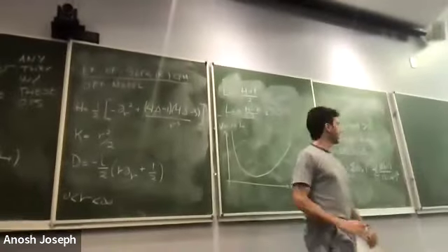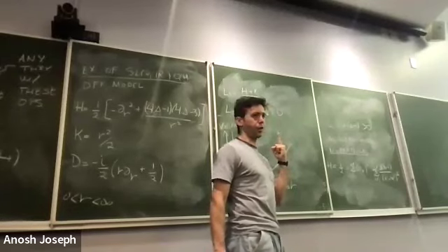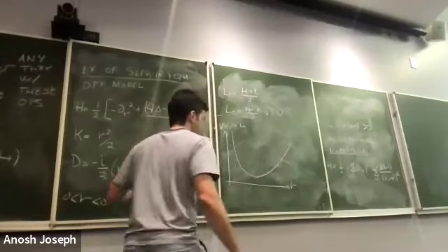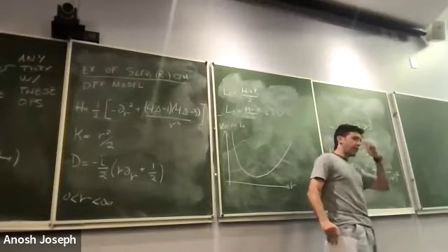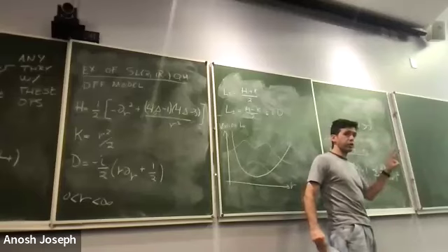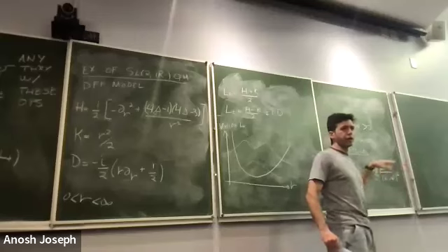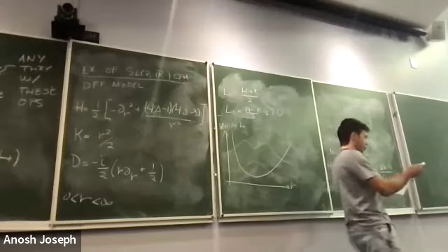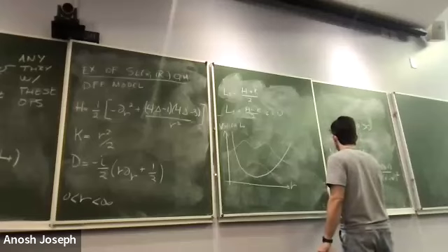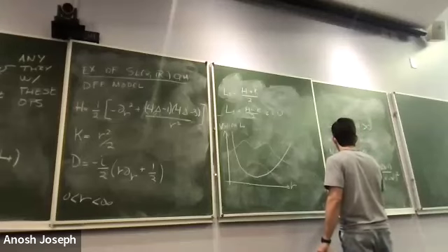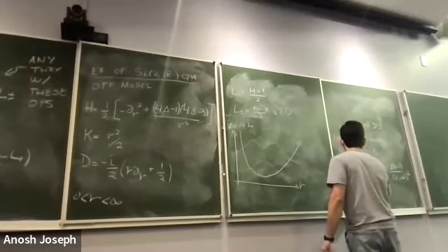So instead of having one particle with an inverse square potential, you think of n particles, and you let them have an inverse square repulsive potential between them. They're all on a line, and there's an inverse square repulsive potential between them, and then K is the sum over the K_i of each individual particle, and D is the sum.